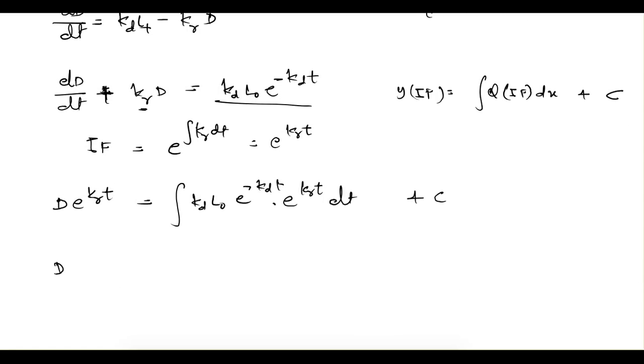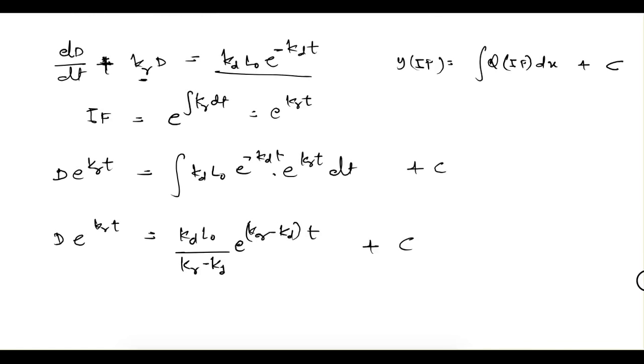So if you integrate this, D e to the power kr t is equal to kd L naught upon kr minus kd into e to the power kr minus kd into t plus c. This is the equation.